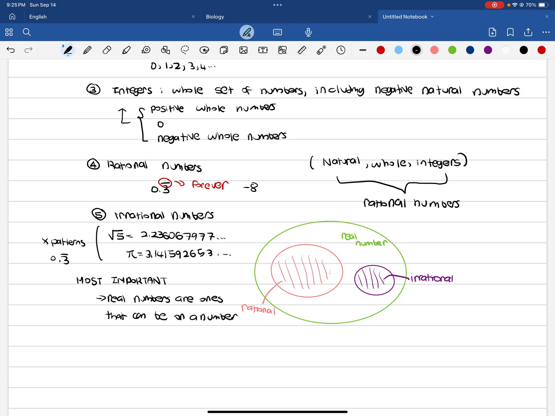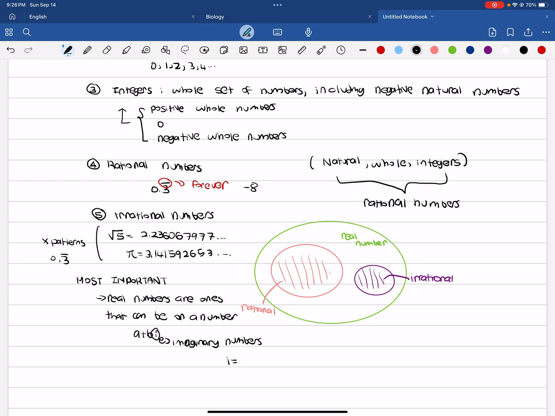So what about this one? A plus B, I. I is an imaginary number. We do not consider this as part of these real numbers because they're just imaginary numbers.